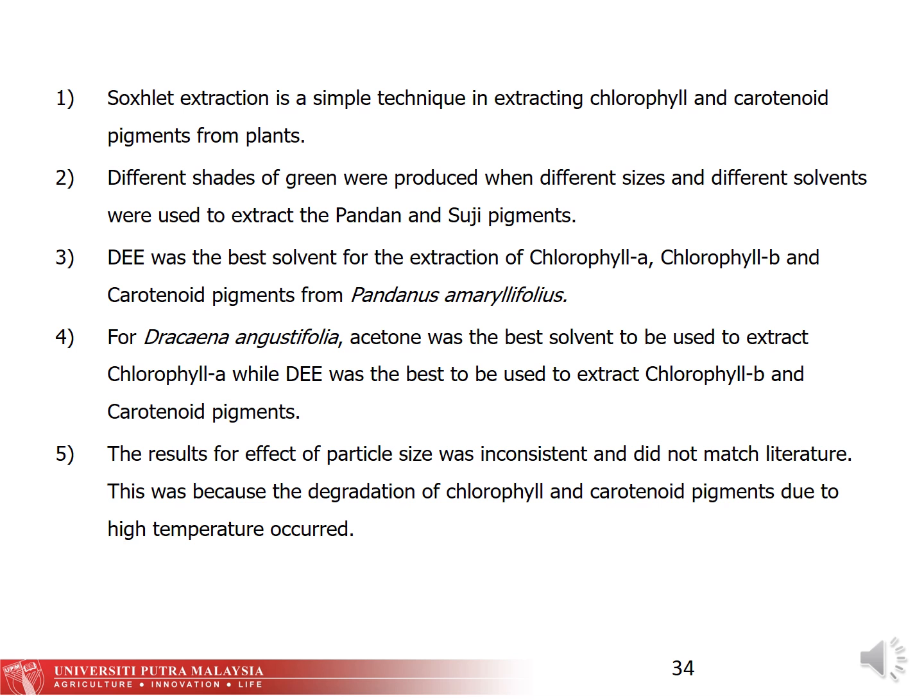For Dracaena angustifolia, acetone was the best solvent to be used to extract chlorophyll A, while DEE was the best to be used to extract chlorophyll B and carotenoid pigments. The results for effect of particle size was inconsistent and did not match literature. This was because the degradation of chlorophyll and carotenoid pigments due to high temperature occurred.